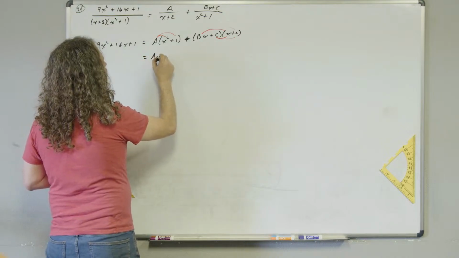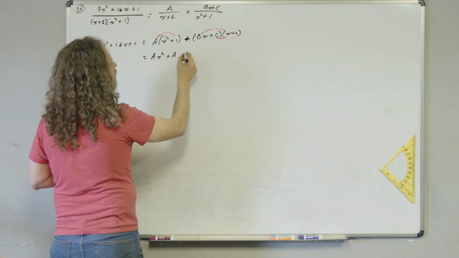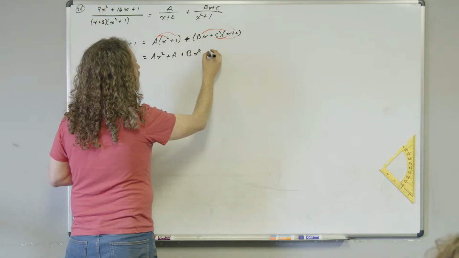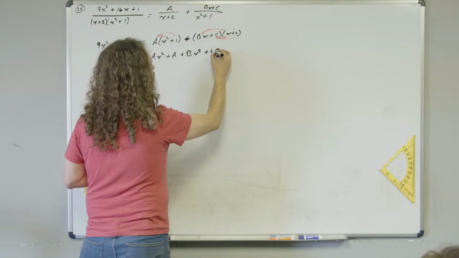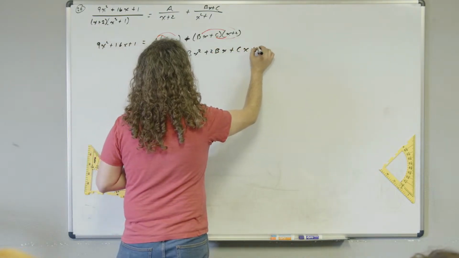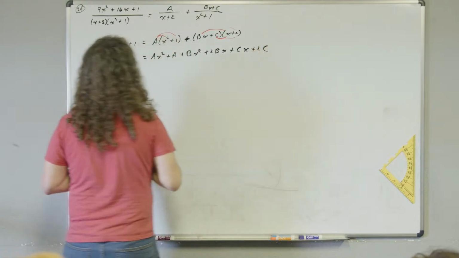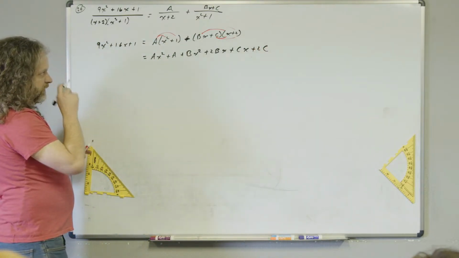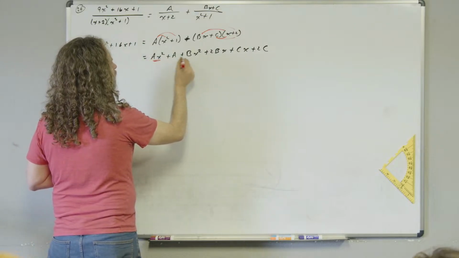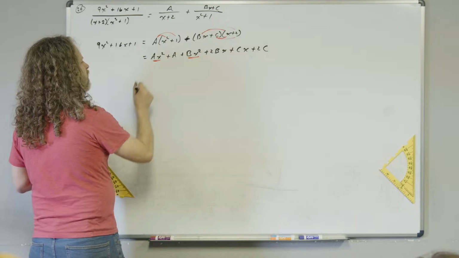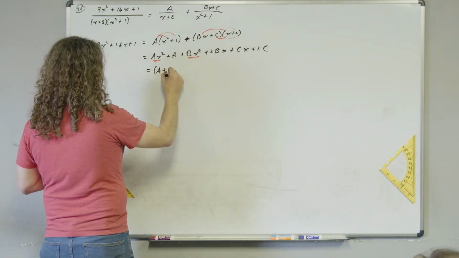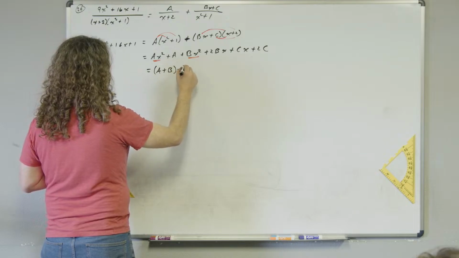Equals ax squared plus a plus bx squared plus 2bx plus cx plus 2c. We start shoving stuff together. There's the x squared terms right there and there. So a plus b times x squared.